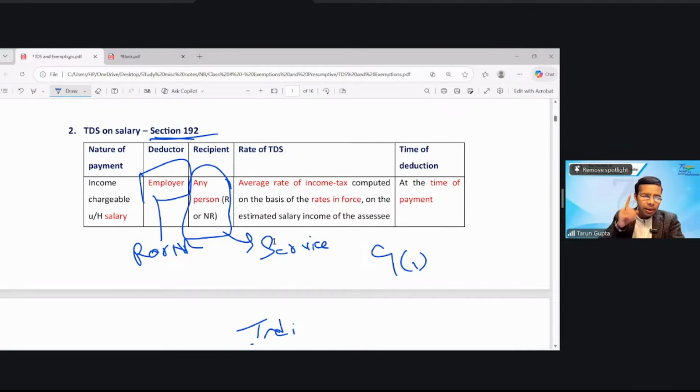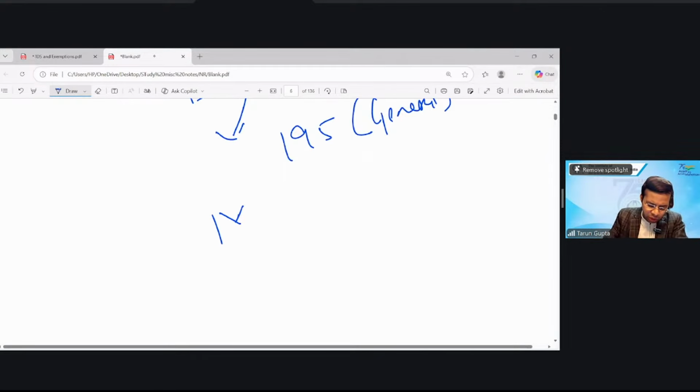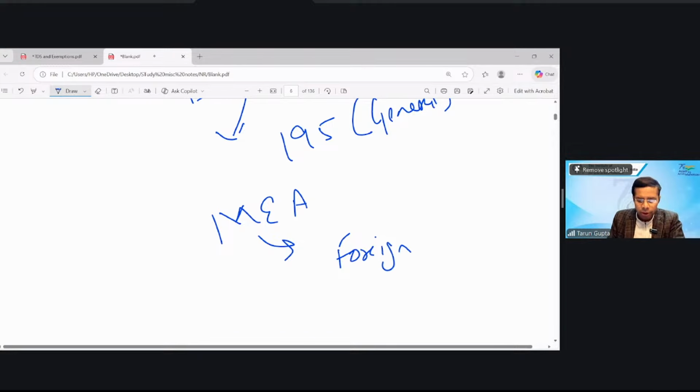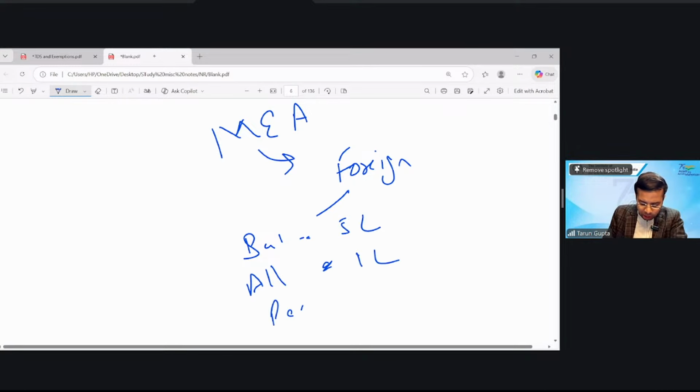So in such case, if you remember, we did the practical question as well, where the employee was normally working in the Ministry of External Affairs and was deputed to foreign embassies and was receiving a salary from the government of India. The question provides that they receive a salary of, say, rupees 5 lakh, then they receive allowances of rupees 1 lakh, perquisite 2 lakh. What is the amount taxable?